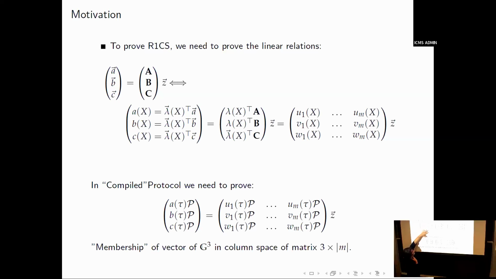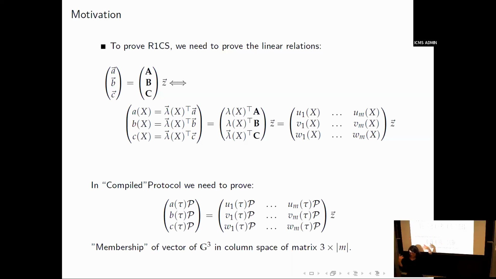So you're writing this as proving membership, that some polynomials are in a certain space of polynomials. So you have a matrix of polynomials, you have a vector of polynomials, and you're trying to say there exists a value Z such that A, B, C is a linear combination of Z, okay? In reality, this is not what we will be proving, right?